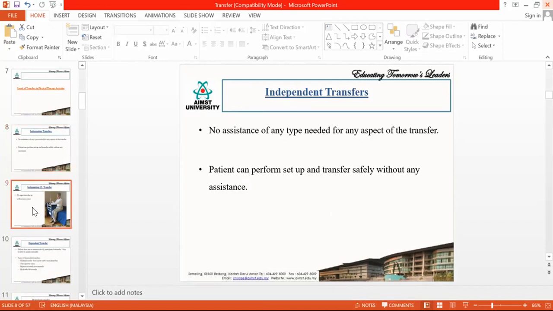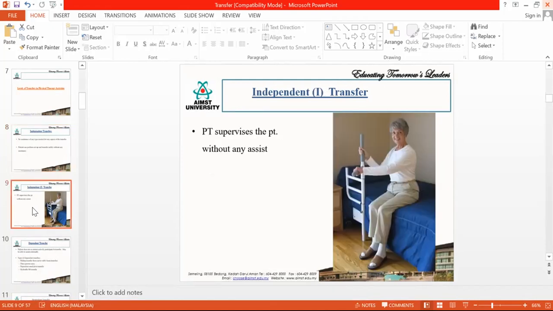Okay, next we have transfer with supervision. Under independent transfer itself, you have something called transfer with supervision. That is, you don't need to give them any assistance, but you need to supervise them when they are getting transferred.